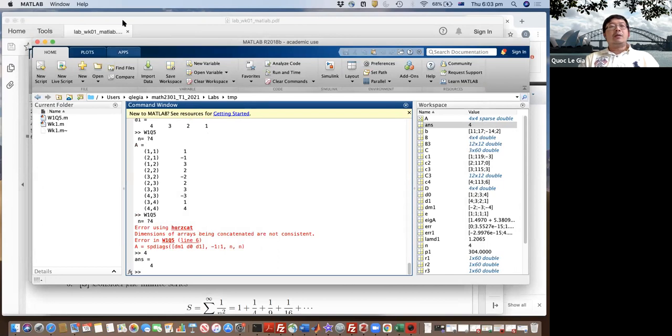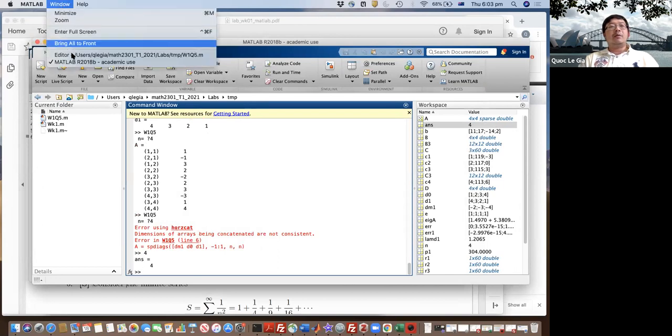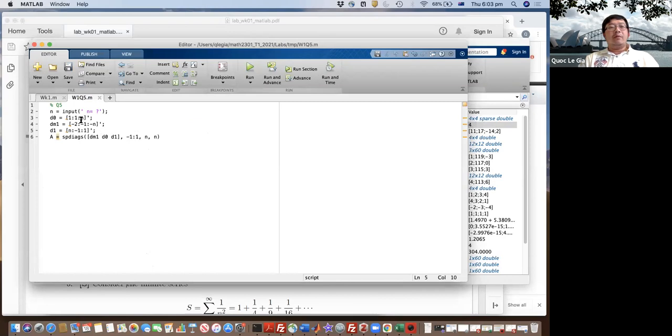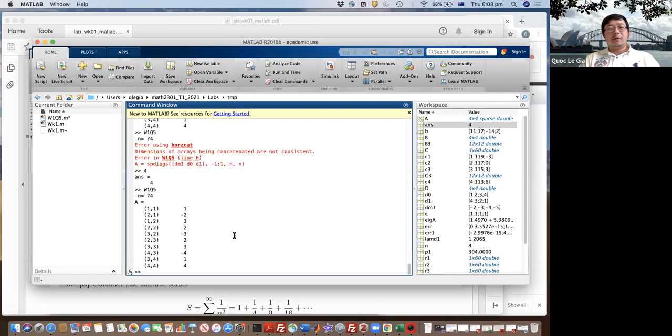But it's not the same length. If it starts from minus 2, then it has to go to minus n minus 1. Now it's going to work. Start from minus 2, then minus 3, and so on. You just play around a little bit.